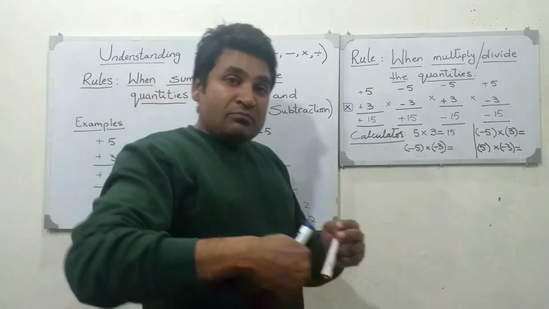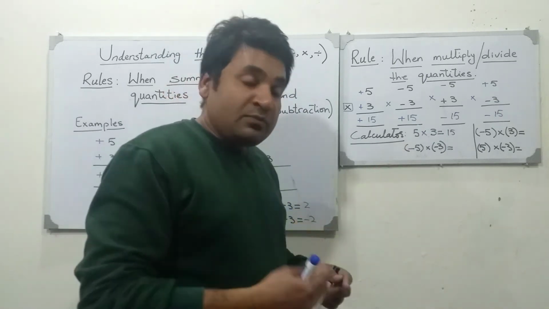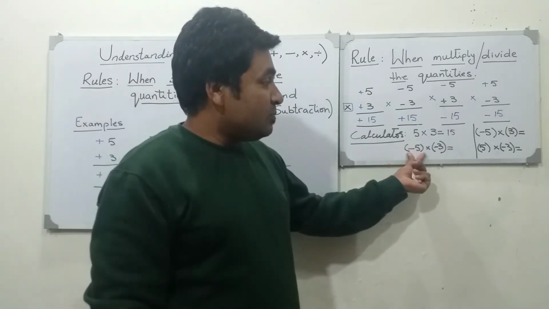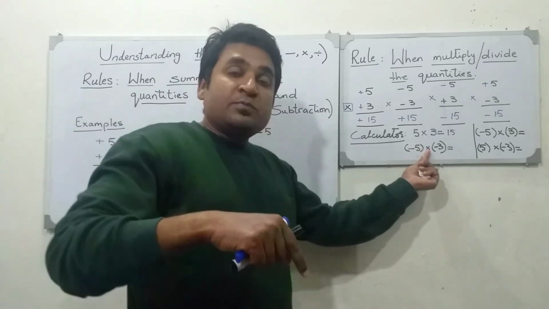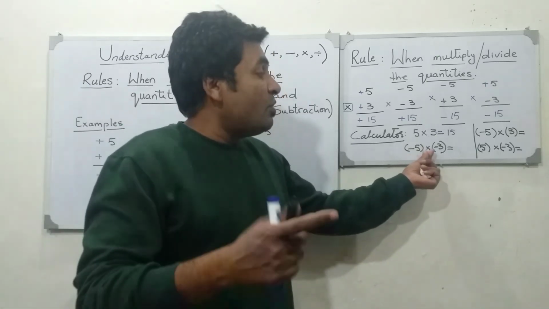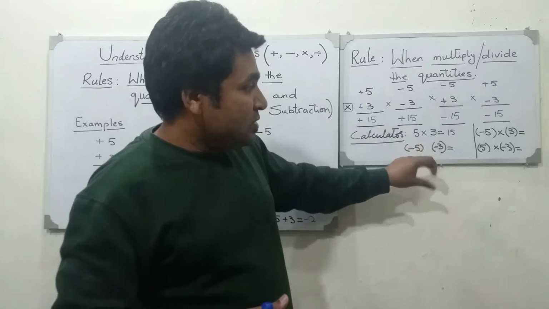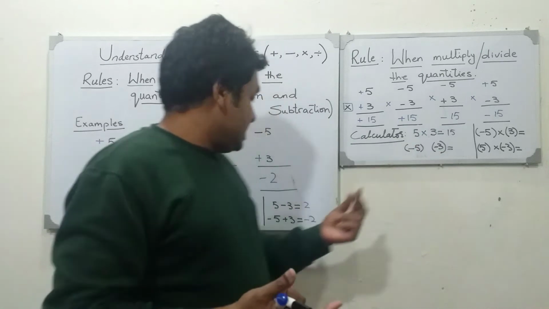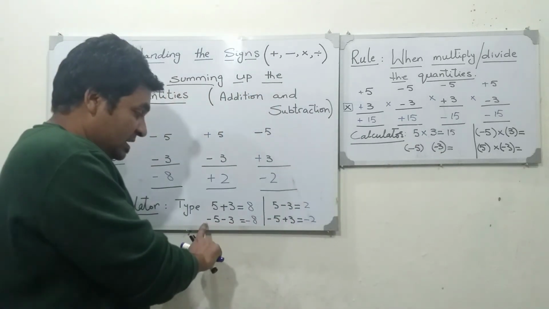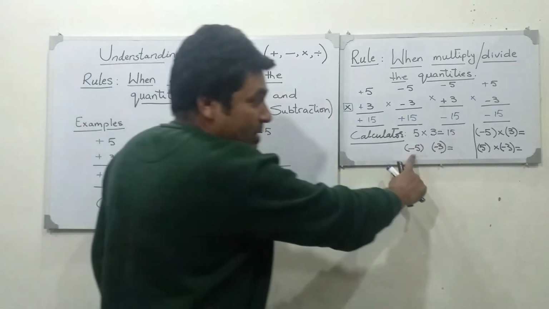But when you are multiplying, you have to do some additional work. That is, put the quantities in brackets, or you have to use the multiply sign. If you don't use the sign, then you have to use the brackets. So you know that this is the product. So these are two different things. We are summing them up here, and multiplying here.